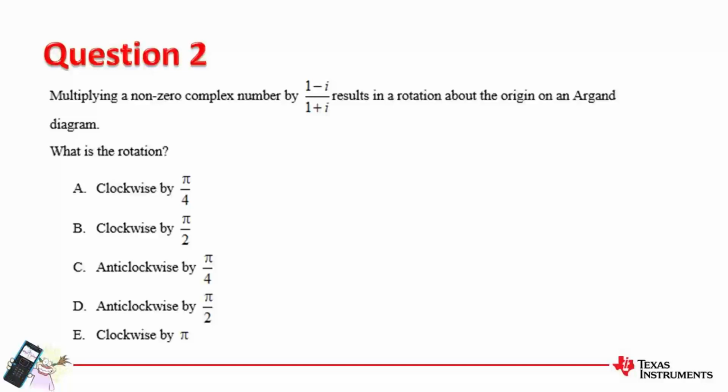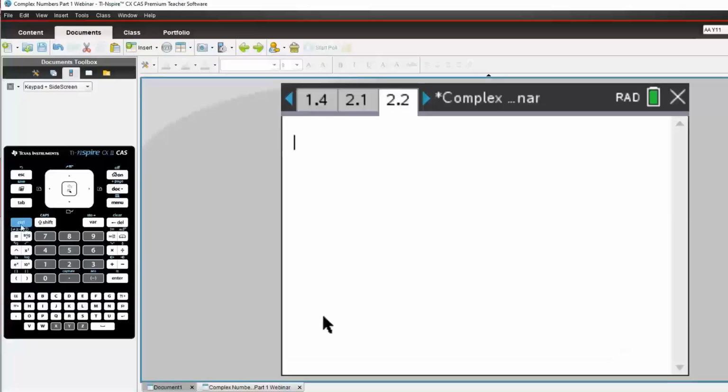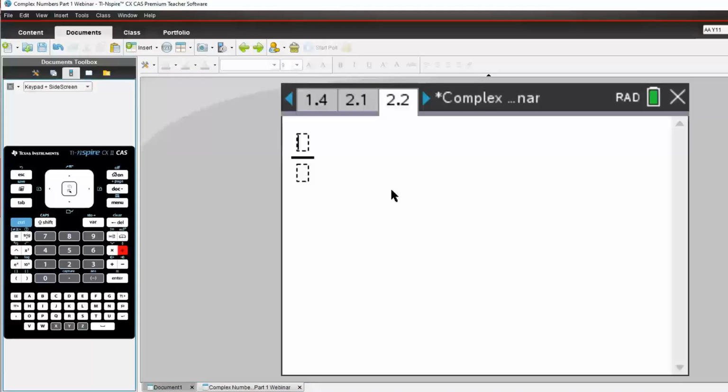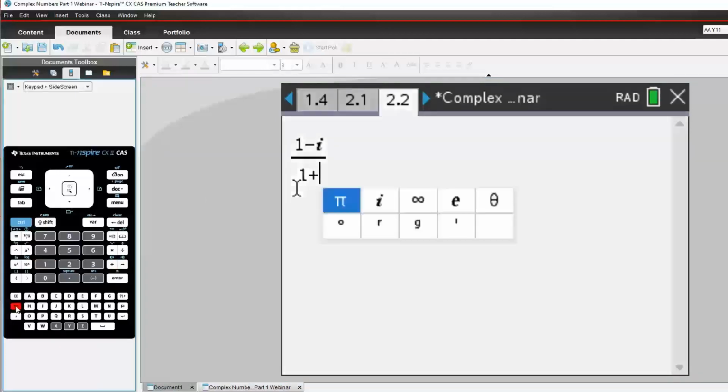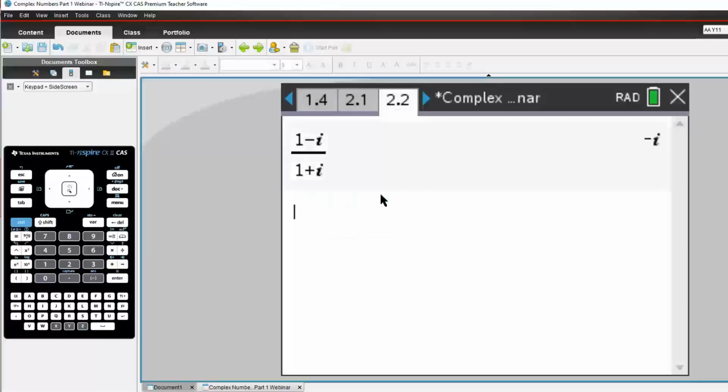So again, I go to the calculator screen, and I will use the fraction tool, 1 minus i over 1 plus i. So clearly we see that we get minus i.